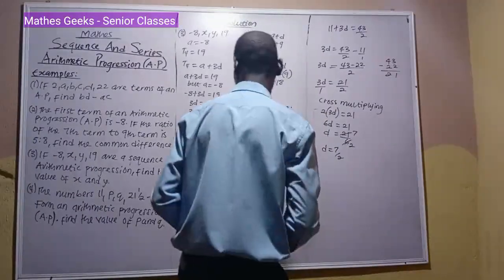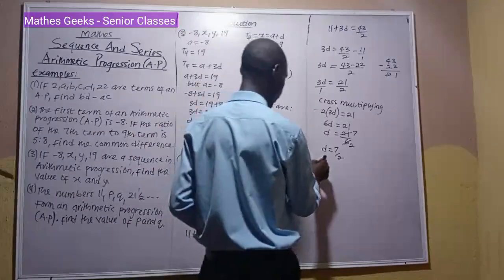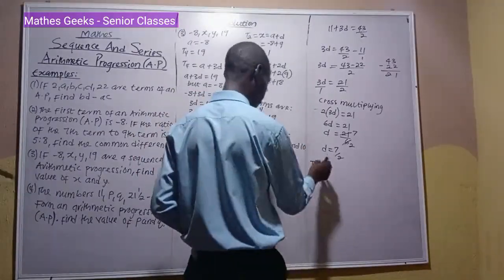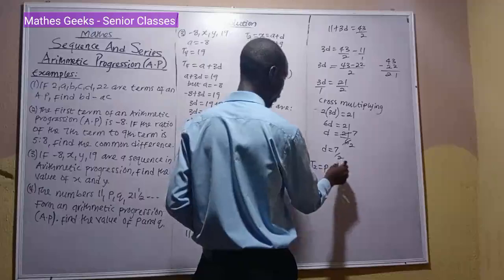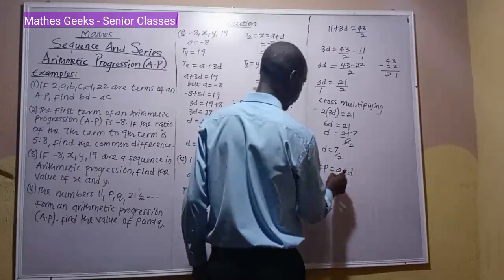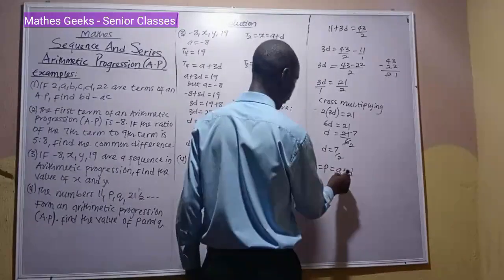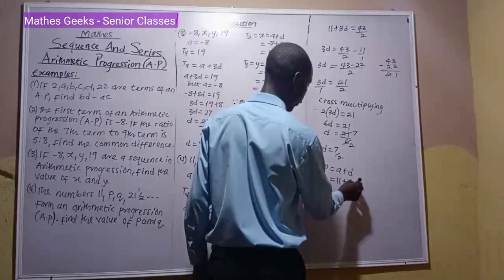Now that we know the common difference, t2 is equal to P, and that's equal to a plus d. So a is 11 and d is 7 over 2.